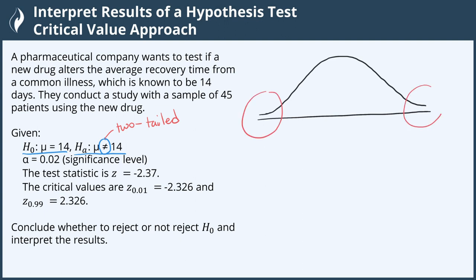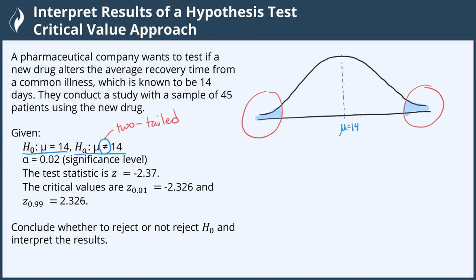So 1, 2. We also were given that the average is accepted, that mu equals 14, and we're testing against that claim. We also have an alpha, or significance level, of 0.02. Now that includes the area under the curve for both tails, this one and this one.